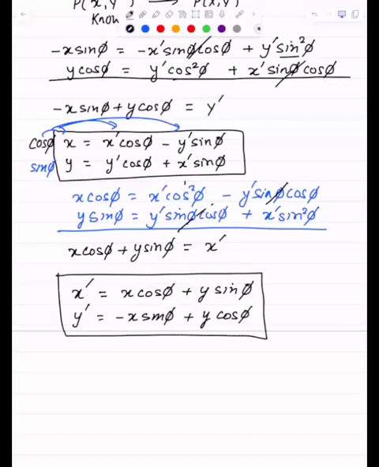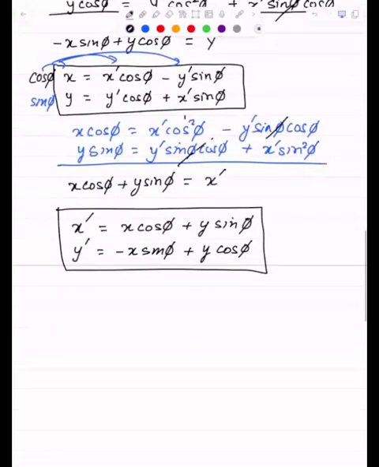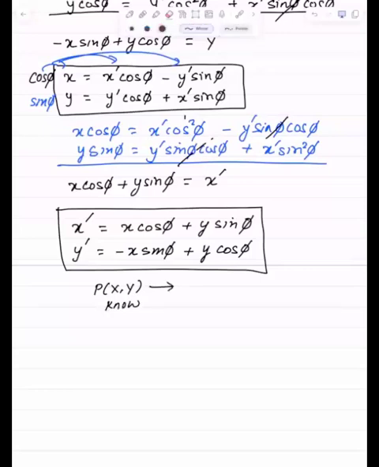Okay, so these are the two equations. Now this one is if I know a point in x, y, and I want to see what is that point with the address x prime, y prime, I will use this equation. X prime is x times cosine phi plus y sine phi.